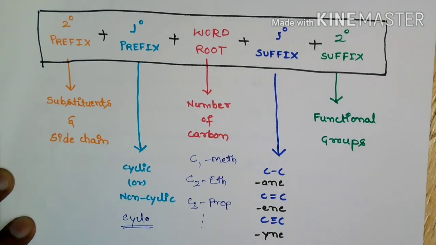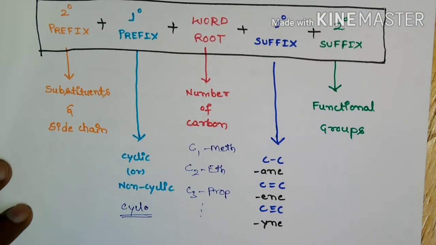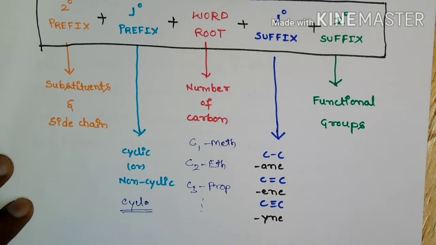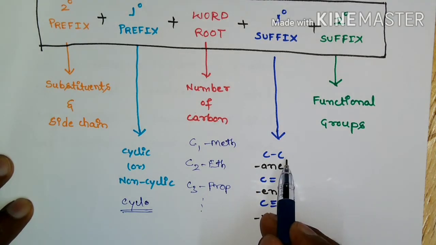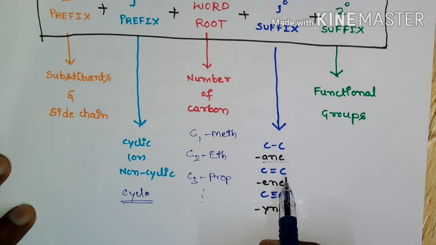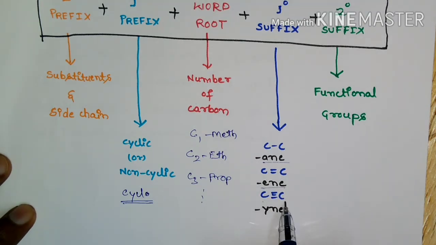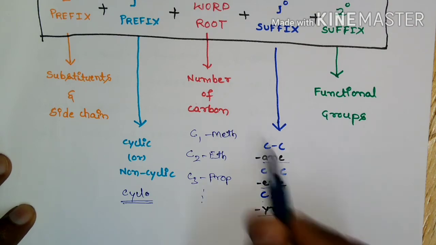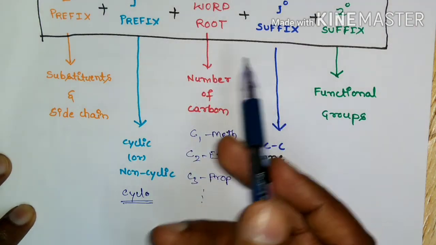The primary suffix gives information on whether the compound has a carbon-carbon single bond, then we use ane. If it has a carbon-carbon double bond, we use ene, and for a carbon-carbon triple bond, yne. This is used after the word root.